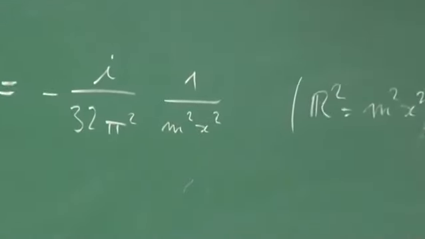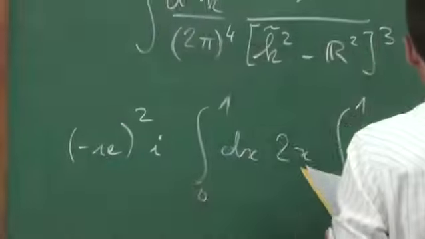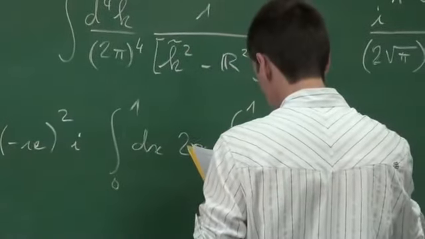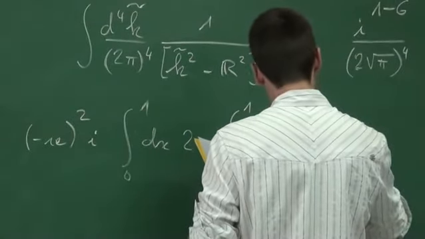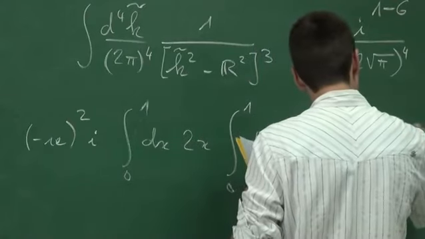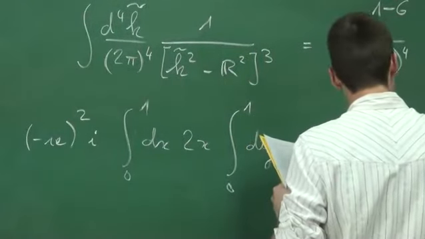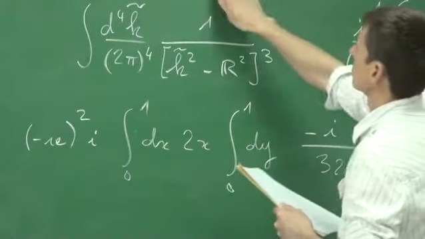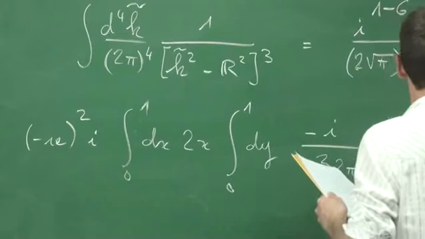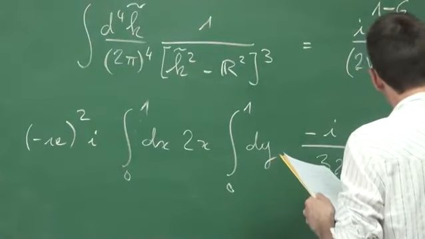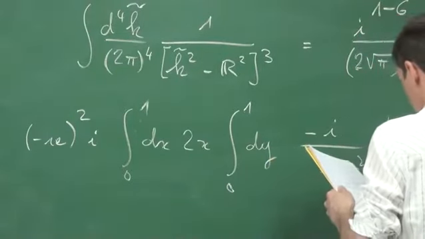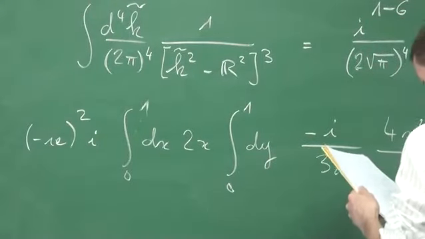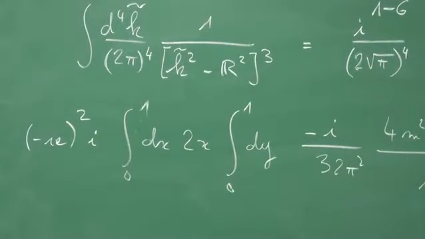You have an integral over y with no dependence on y, so only one. This is minus 1, so this comes from here, divided by x squared, which is not moved.